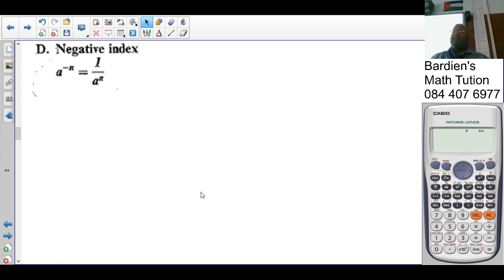This exponent here is negative n. So a to the negative n is equal to 1 over a to the n.